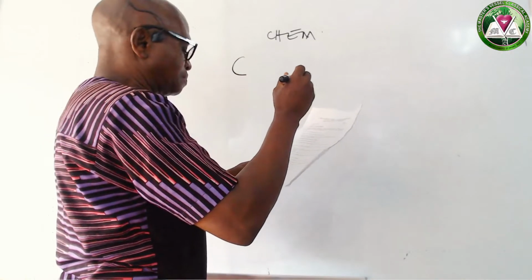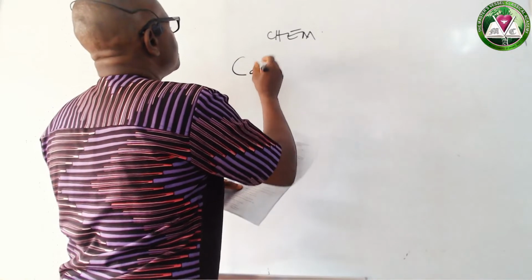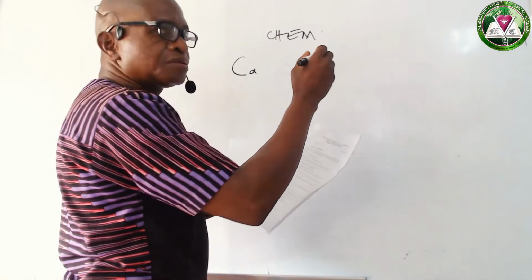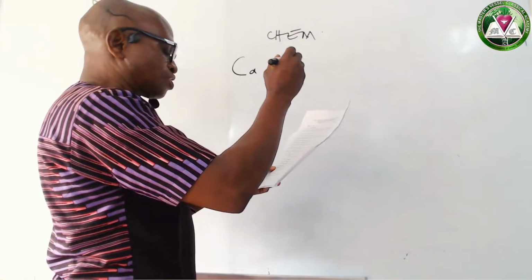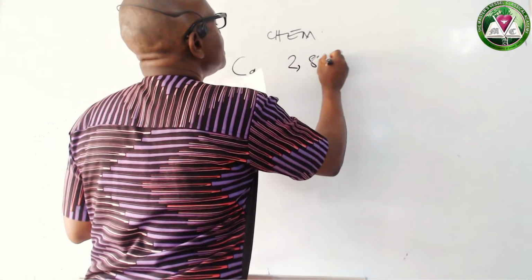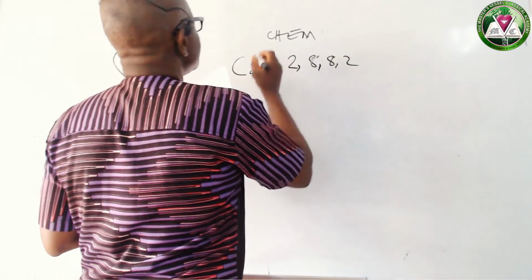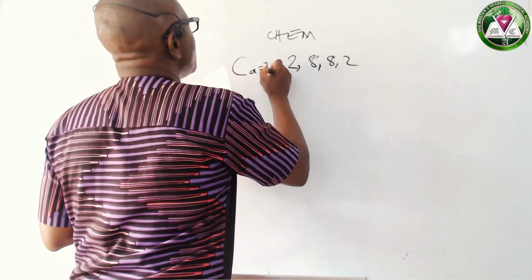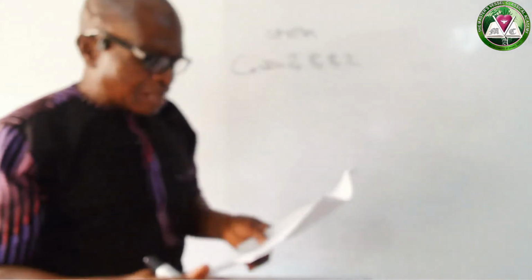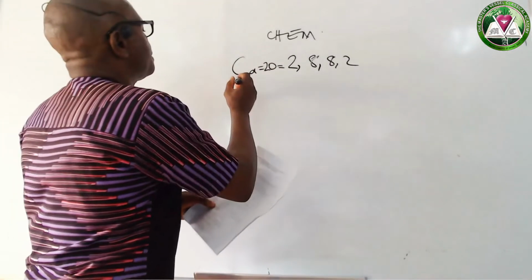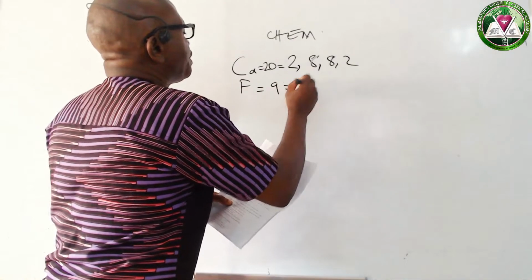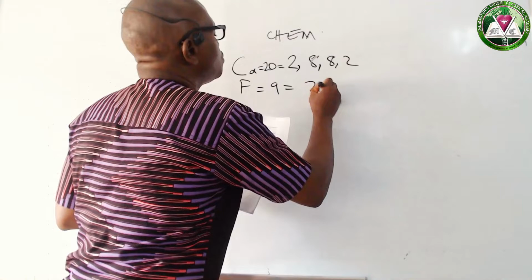The atomic number of calcium is 20. Therefore, the electronic configuration will be 2, 8, 8, 2 because it has atomic number of 20. The atomic number of fluorine is 9, and the electronic configuration is 2, 7.